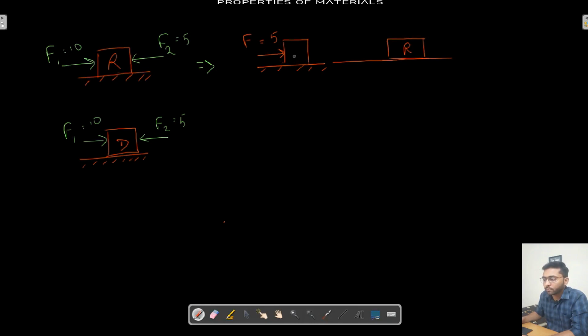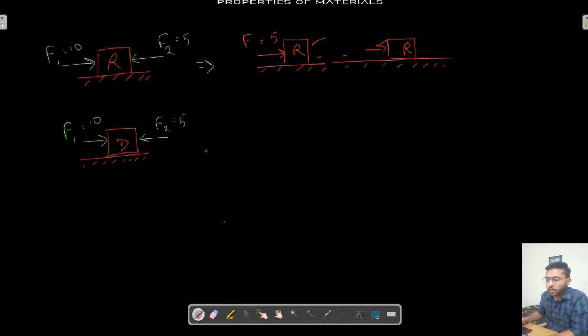This is how the rigid body behaves, but the shape of the rigid body will remain the same.